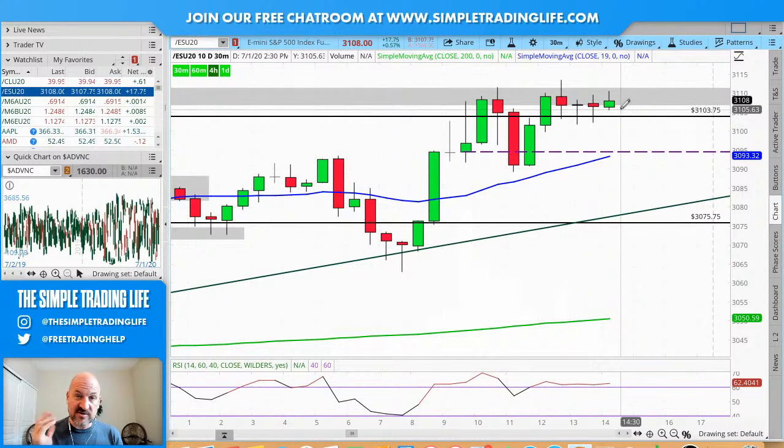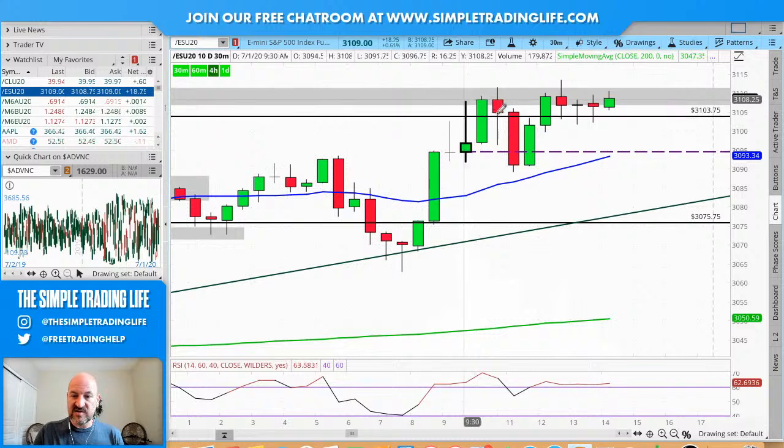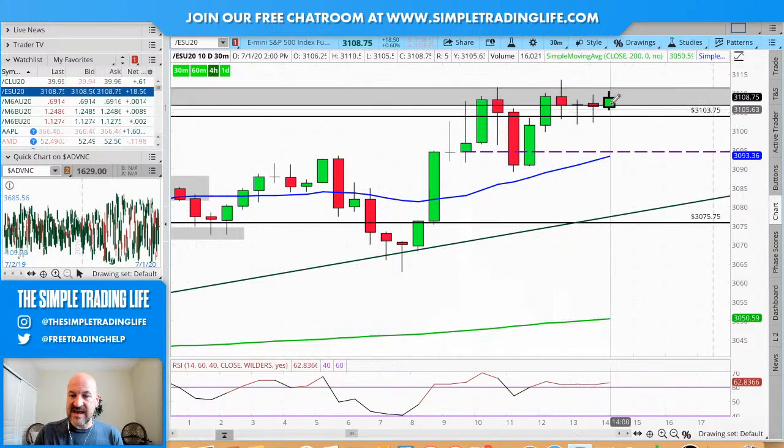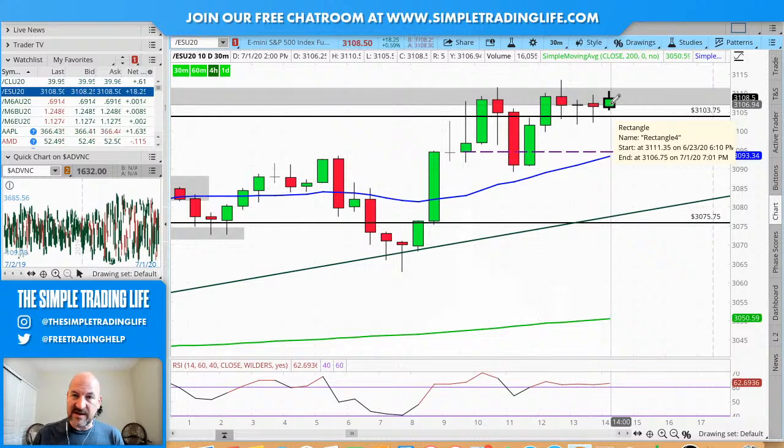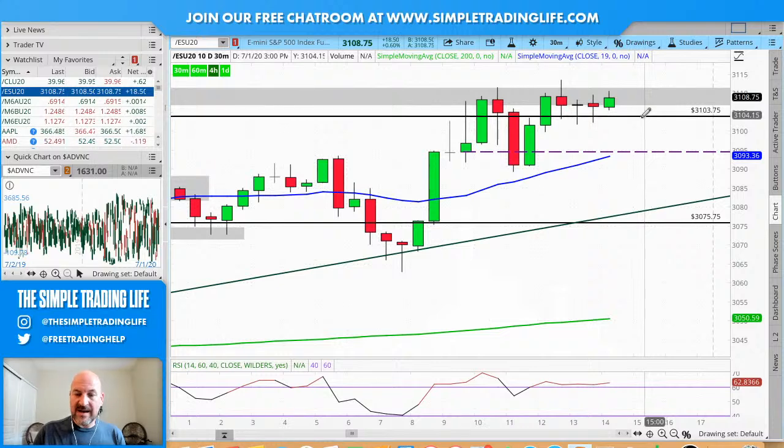This level of structure is valid until it's broken. Till it breaks and holds, it's valid. And as you can see, 1, 2, 3, 4, 5, 6, 7, 8 candles in a row have not been able to break and hold. Okay? So we're going to keep our eye on that.